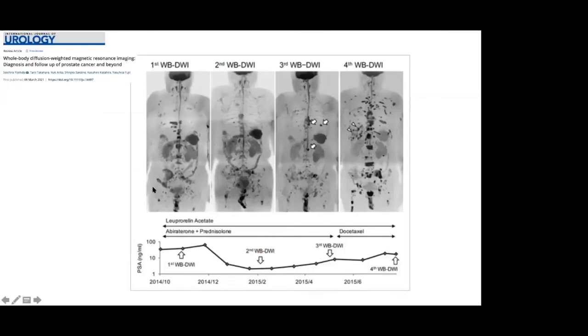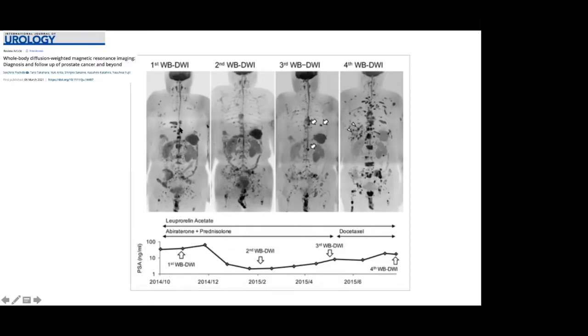This picture illustrates the problem and how diffusion or whole body imaging can help. Next to the bone scans, which are done periodically at several time points, PSA is usually followed up a bit more and serves as a biochemical biomarker. But this is not always perfect. If we look at the first point, the PSA is quite high.